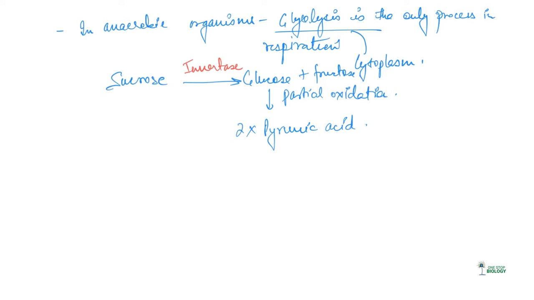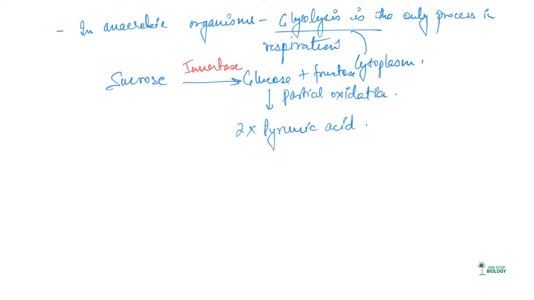Then these two monosaccharides enter the glycolytic pathway, the glycolysis cycle. In this pathway, they are oxidized. So basically glucose and fructose are phosphorylated to give rise to glucose 6 phosphate.